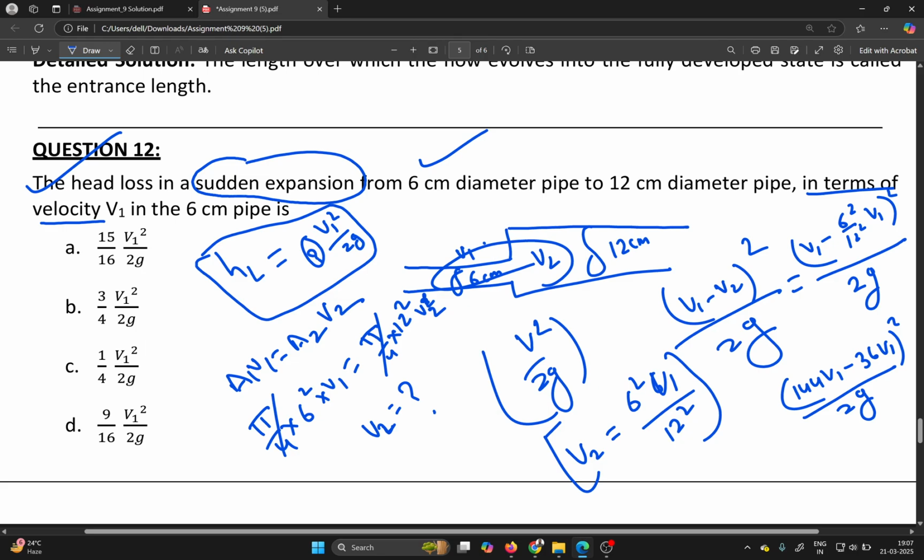After calculation you will get 9 by 16, divided by 144.